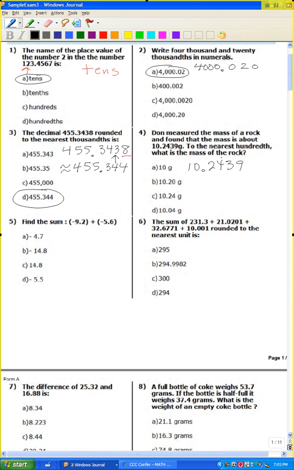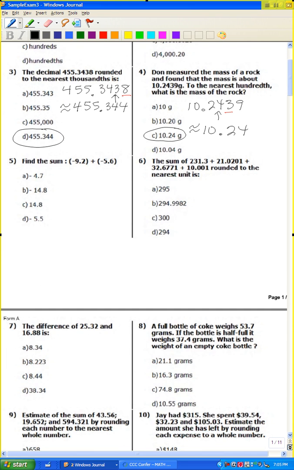What is the mass of the rock? And so tenths, hundredths. And so the digit immediately to its right is a 3, which is less than 5. Therefore, this is approximately 10.24. And so C.